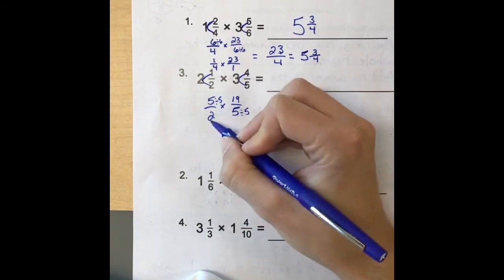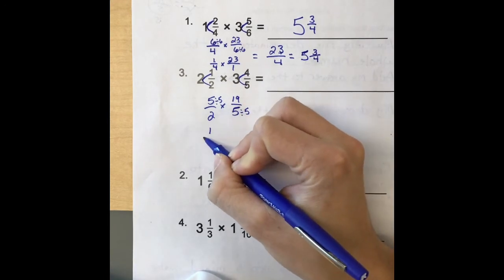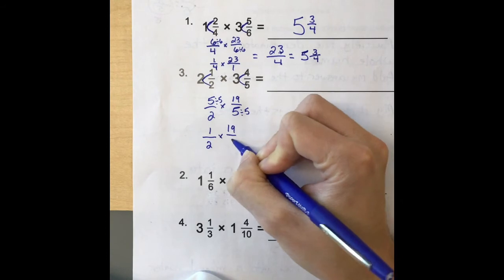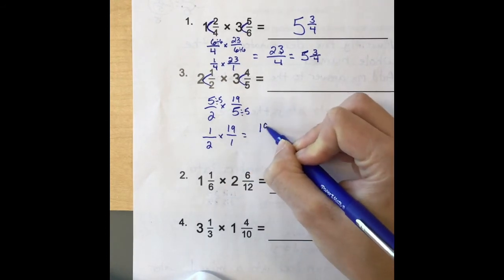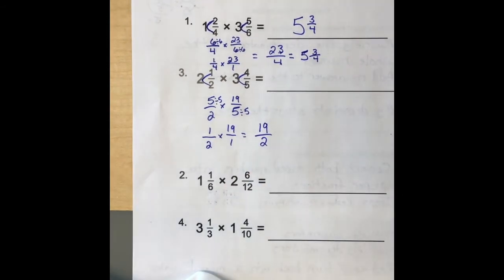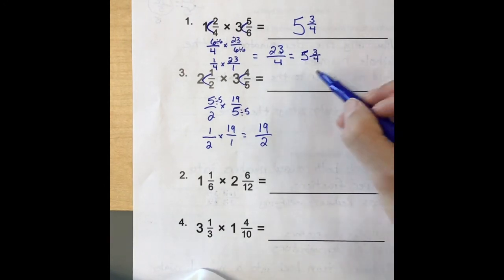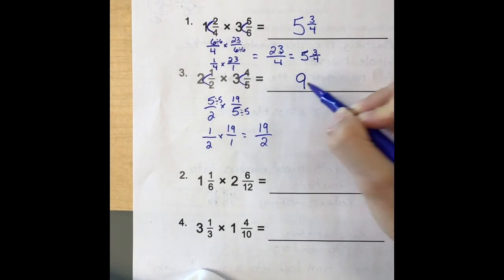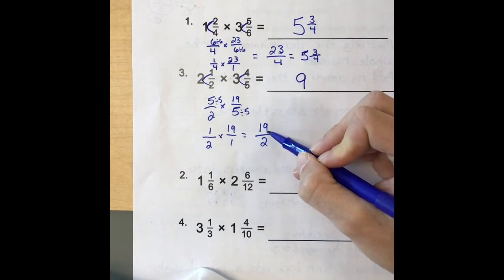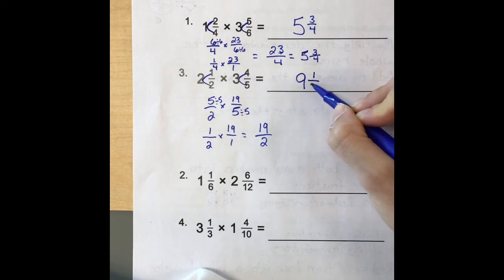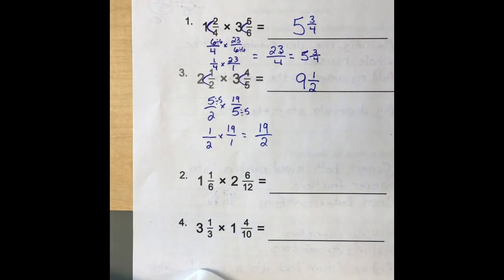So 19 and 2, nothing goes in evenly to both. So I have 1 over 2 times 19 over 1. Multiply across, and I get 19 over 2. 2 goes into 19 9 times. That gets me up to 18. So I have 1 left over, and my denominator stays the same. My answer is 9 1/2.